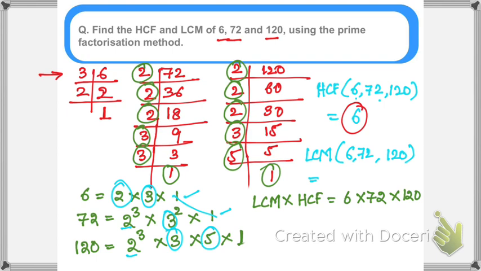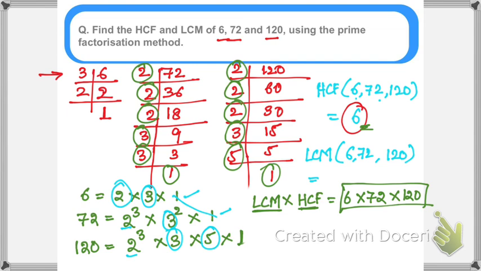Okay, so as per the previous solution that we did, here we would easily get the LCM by putting the value of HCF as 6 and cancelling them out.